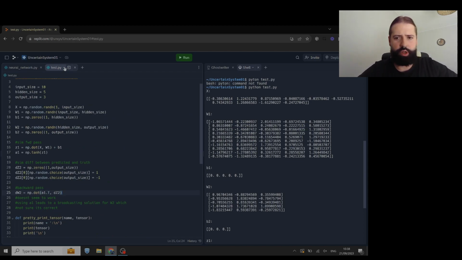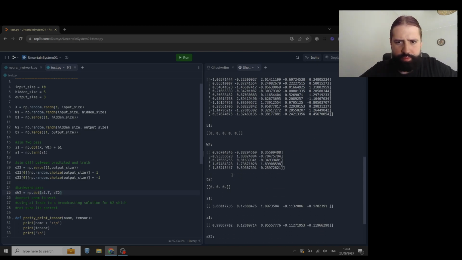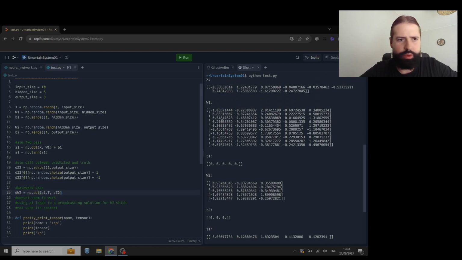Should not be initialized like random, but anyway, I think W2. So W1 and W2 are essentially the two core matrices, right? Two core tensors, and then what the forward pass does is calculate some Z1 as the dot product plus B1.